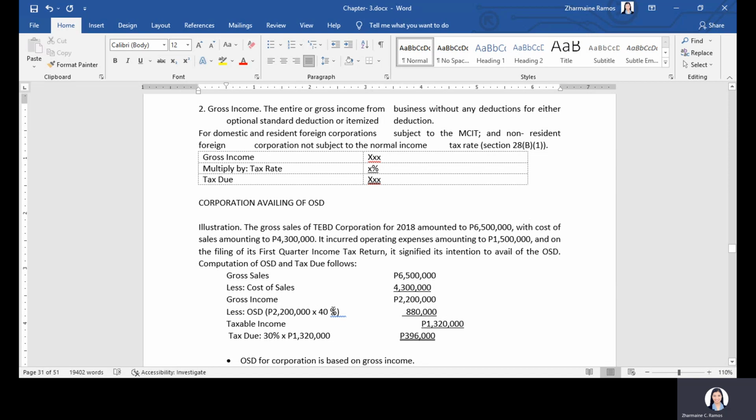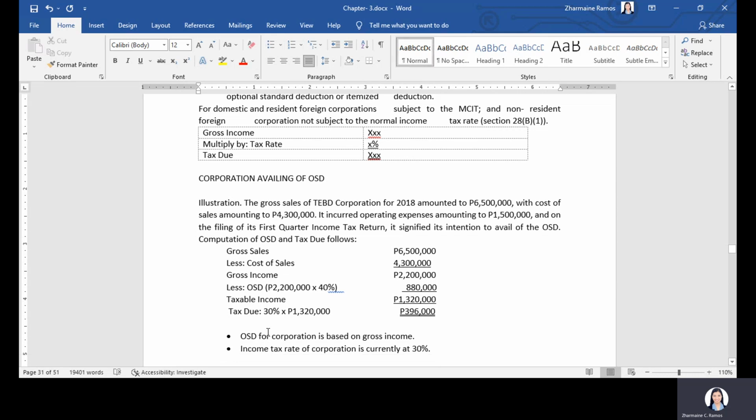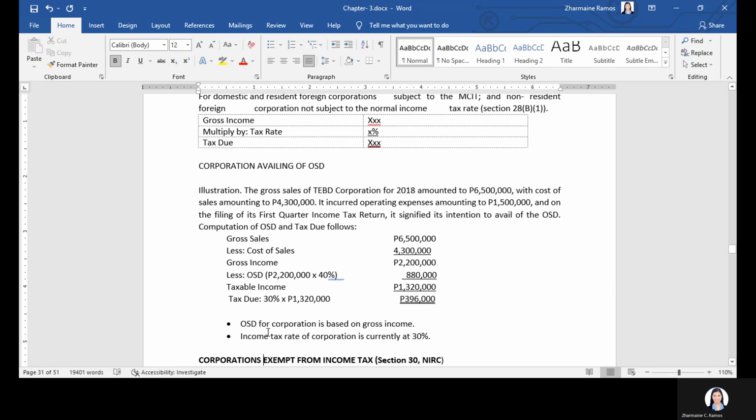So, 2,200,000 times 40% is 880,000. So, this will be the taxable income of 1,320,000 at dun mo i-multiply yung tax rate na 30%. So, OSD for corporation is based on gross income. Income tax rate of corporation is currently 30%.